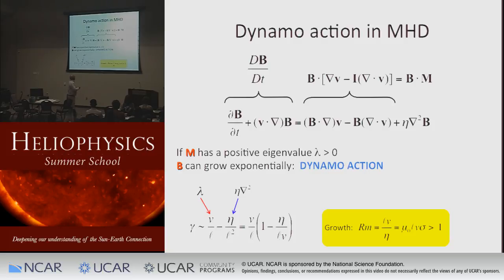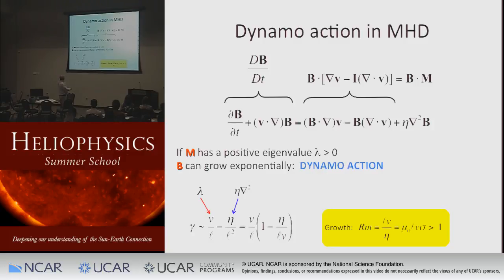Exponential growth for the magnetic field, providing the magnetic field, this matrix, which involves only the velocity that I supposedly figured out. And in fact, if you include the dissipation, my growth rate is the velocity divided by L. That's one of the eigenvalues of that matrix. And then eta over L squared, that comes from eta del squared, eta over L squared.